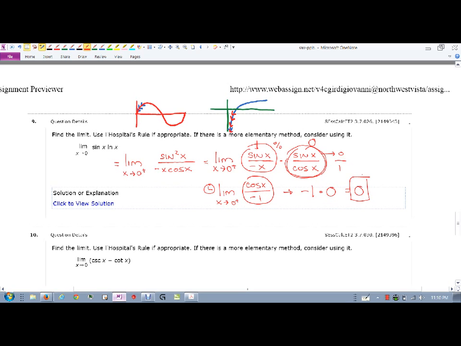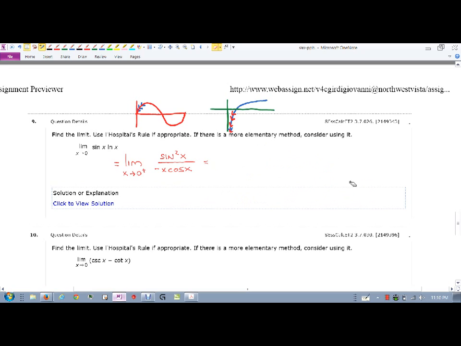Now, that's if you wanted to do it by splitting it up. However, I could do this instead. I could have used L'Hopital. So let me show you that. If I were to have done L'Hopital here, I would do the limit as x goes to 0 from the right. Derivative of the top is 2 sine x cosine x.